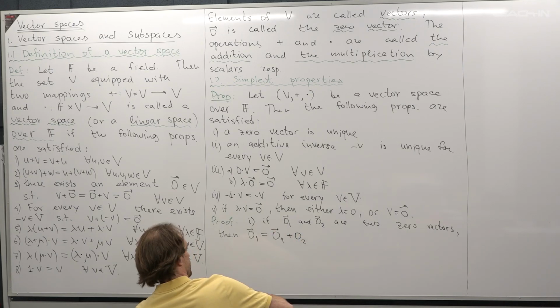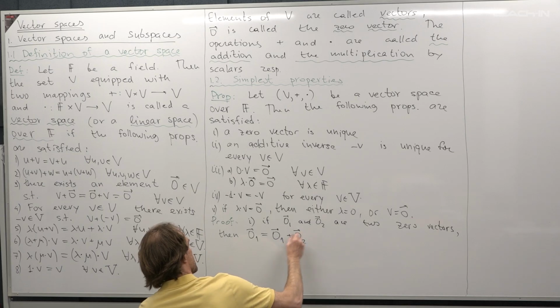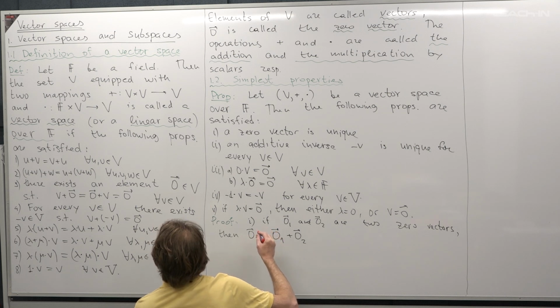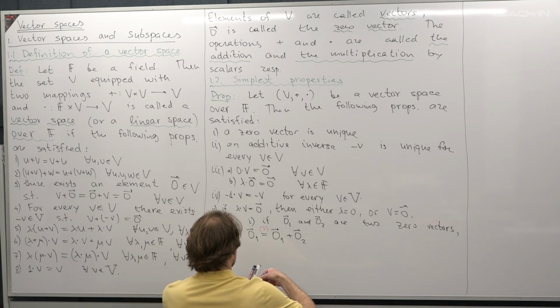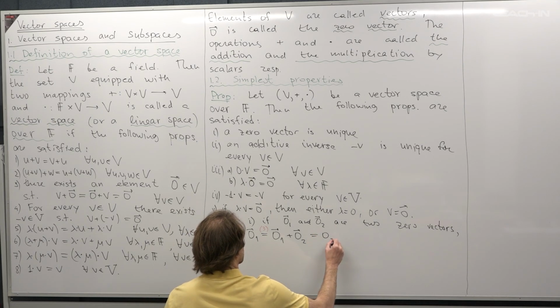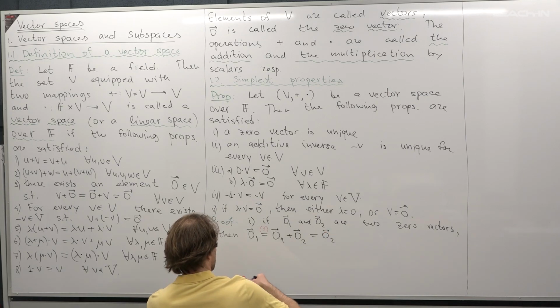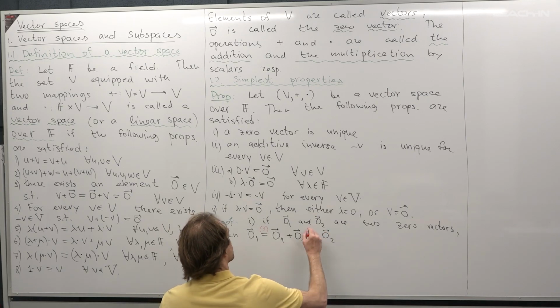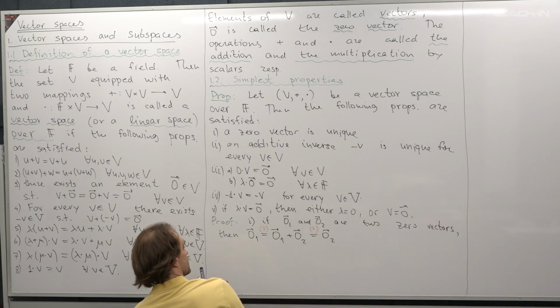This follows from the fact that 0, 2 is the zero vector, and so this is the consequence of property number 3. And by the same argument this equals 0, 2, just because 0, 1 is the trivial element. So this proves the first property.